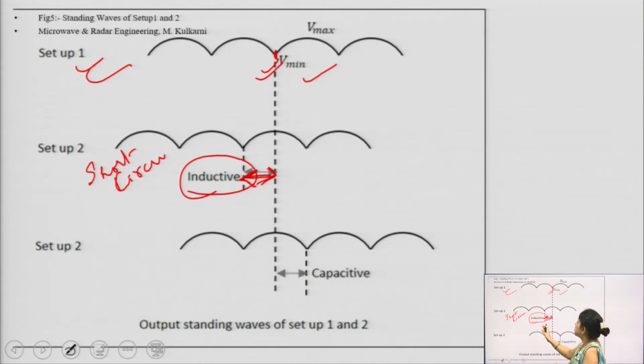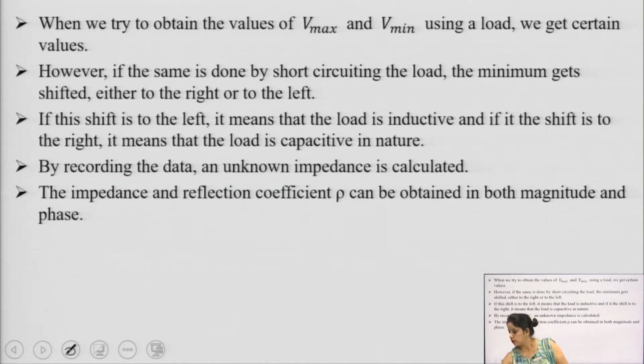If in setup 2 our V min is shifted toward the left, then the load used in setup 1 is an inductive load, and if the V min gets shifted towards the right, then the load is capacitive in nature, and if there is no shifting, then of course the load will be resistive in nature. So, that is mentioned here.